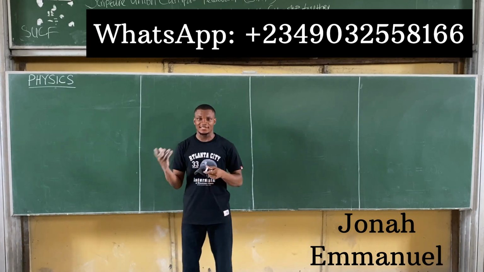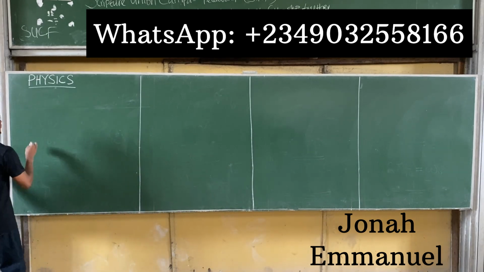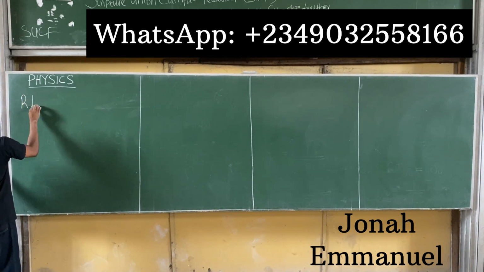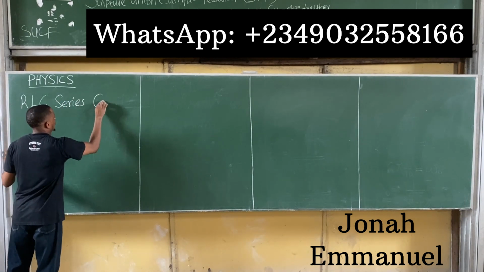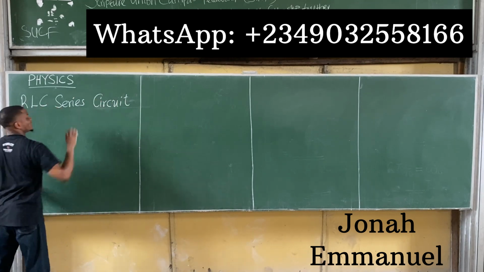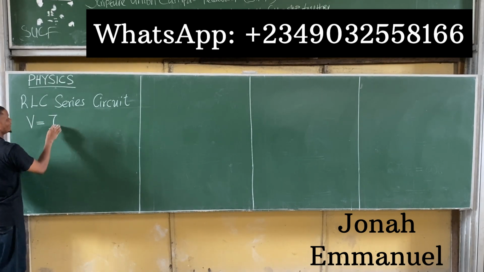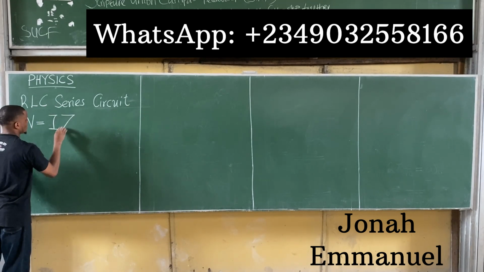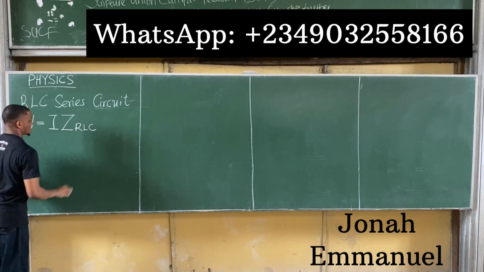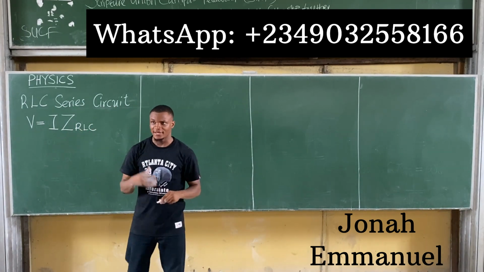Now, from our previous class, which I said I will leave a link in the description of this video, we said the voltage supply across an RLC series circuit is given by V is equal to I times Z RLC. What we said, Z RLC is called the impedance of the circuit.